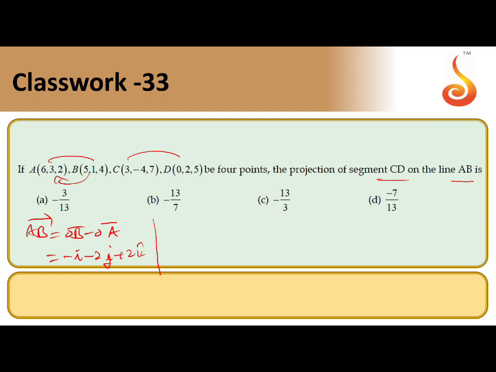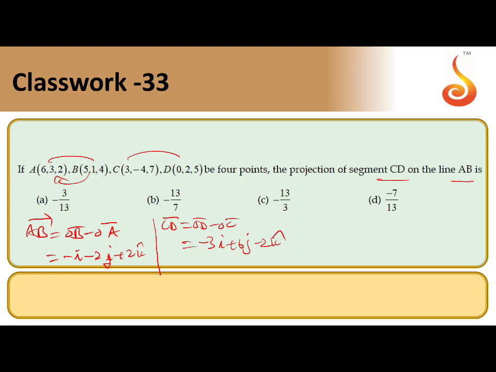That is called AB vector. And CD vector is OD minus OC: 0 minus 3 minus 3I, 2 plus 4 plus 6J, 5 minus 7 minus 2K. So you got AB and CD here.